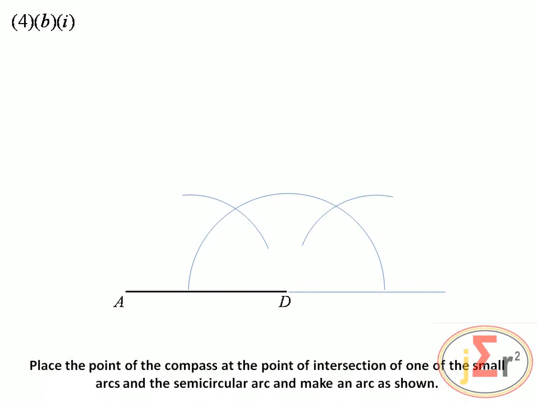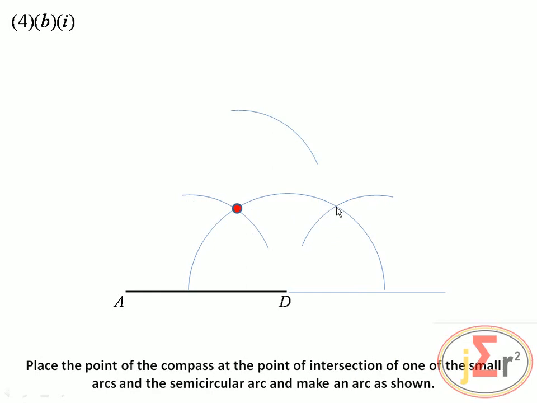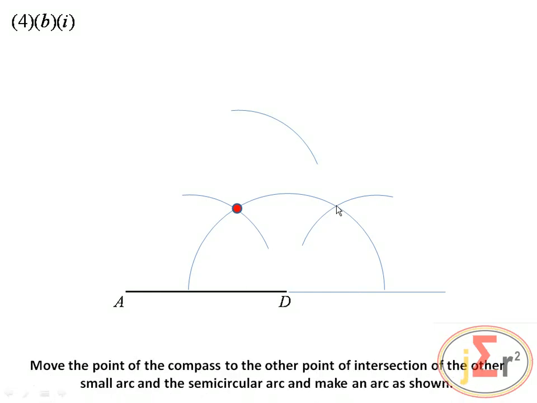Place the point of the compass at the point of intersection of one of the small arcs and the semicircular arc and make another arc. So we are making use of the semicircular arcs now. Place the compass point right here and make another arc as shown. Then what do we imagine? Since we have done all of this, we will not make it be done in vain. Move the compass point to the point of intersection of the other small arc and the semicircular arc and make another arc as shown.